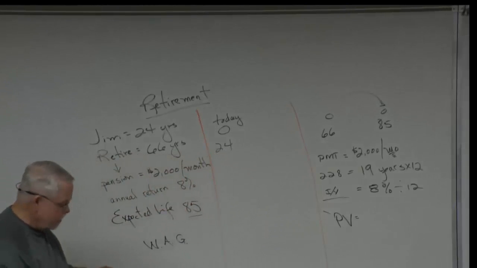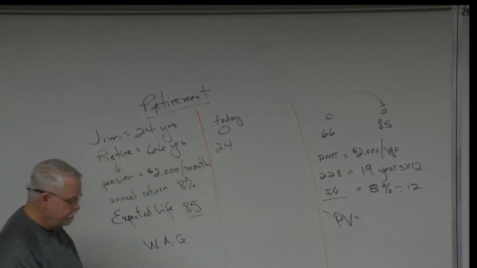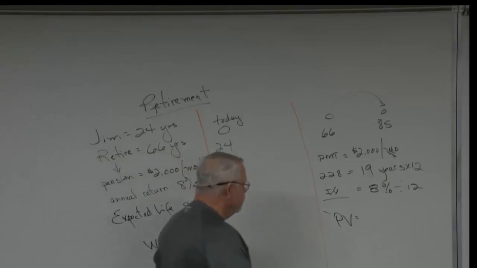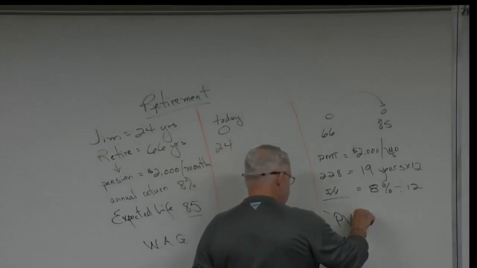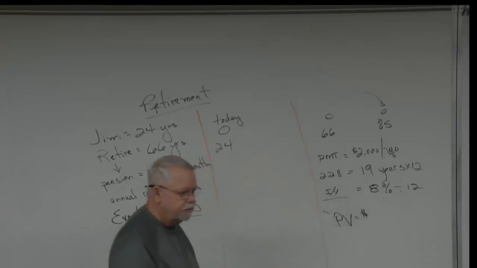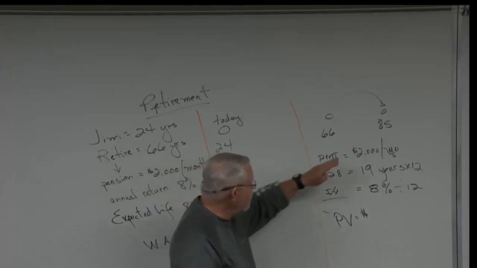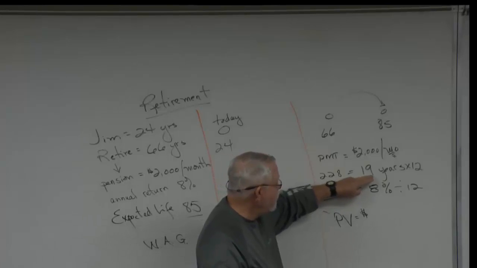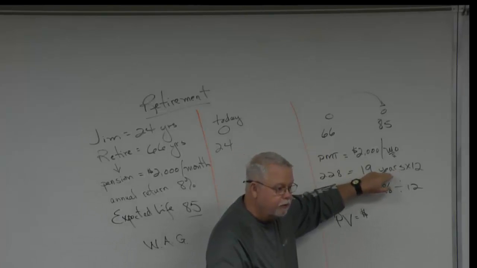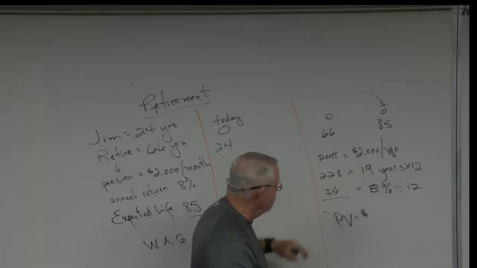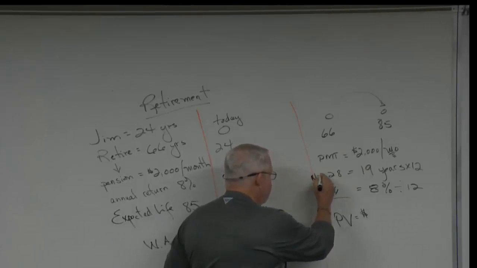You want to get a number yet? The value of N, he wants what? One payment a month for 19 years. So this is it. 228. Good.